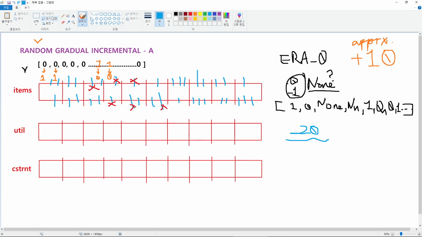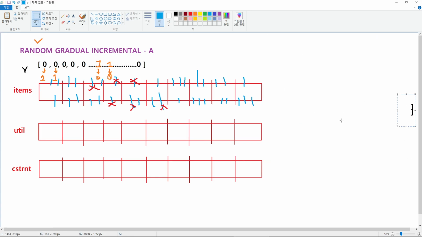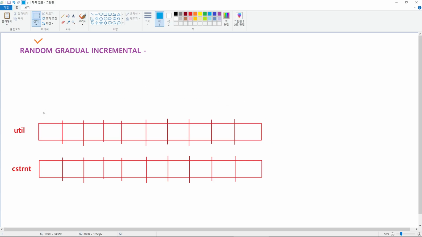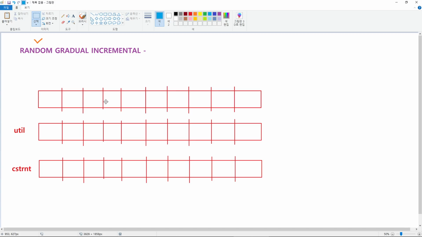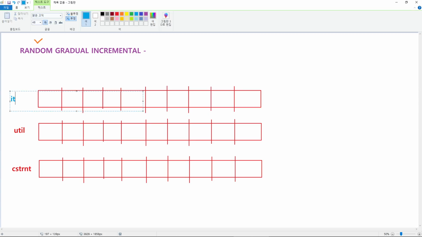So this one is called not A. Okay, this can go. Items. What?